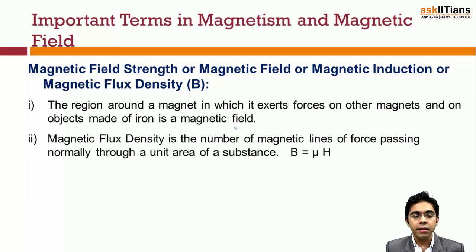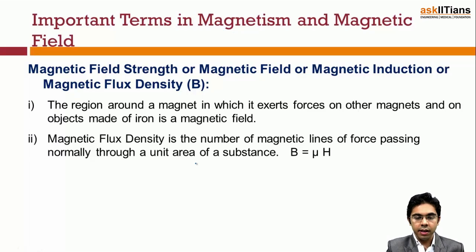Now the next thing is the magnetic flux density. It is the number of magnetic field lines of force passing normally through a unit area of the substance. You are supposed to remember that it's passing through a unit surface area.